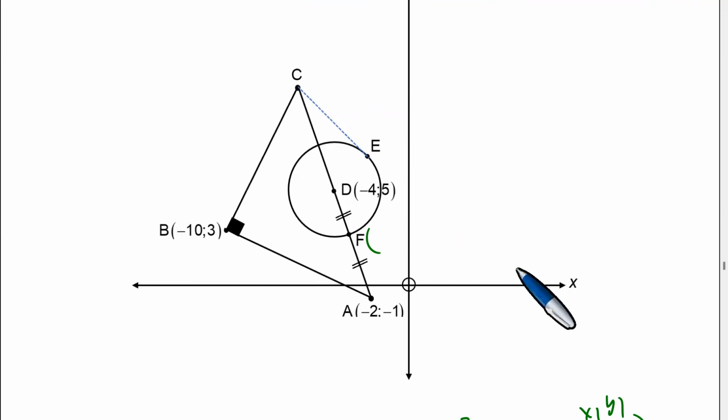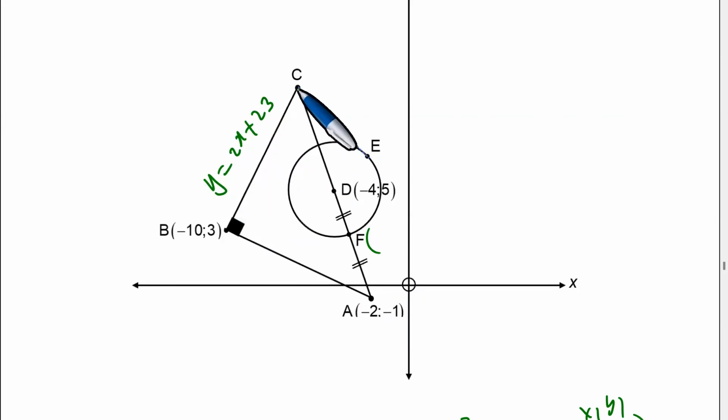Sir, how is C the point of intersection? It's the point of intersection for which two lines? Yes, okay, that's a good question. The equation of the line BC, we found it to be y equals 2x plus 23.